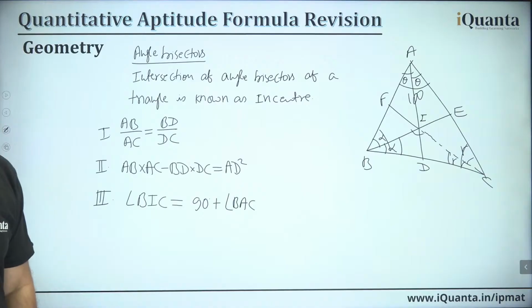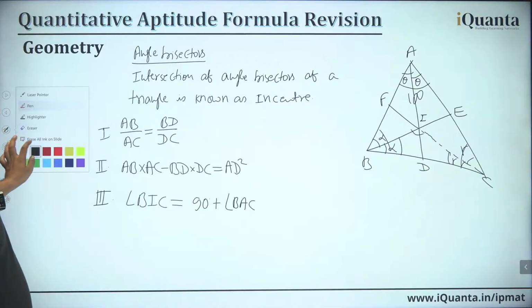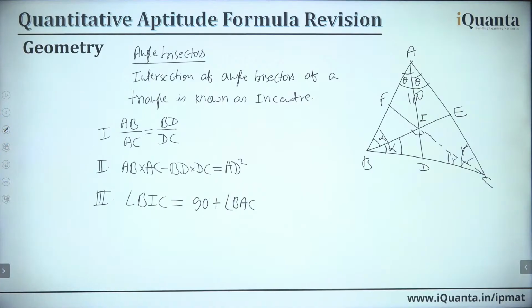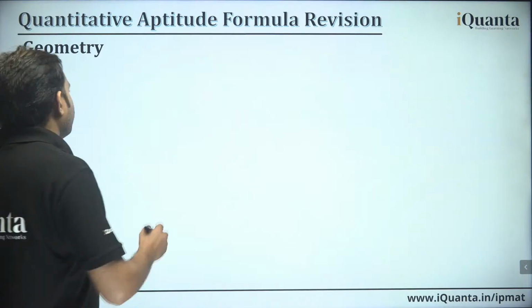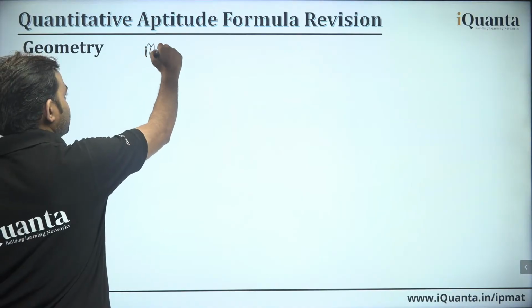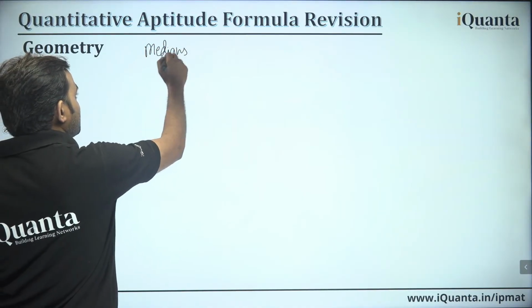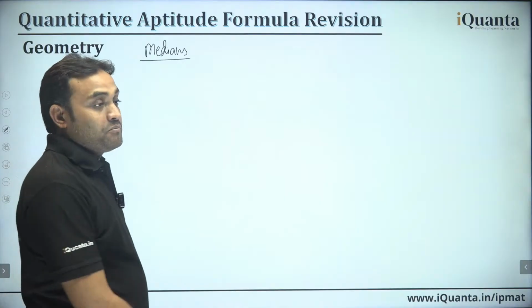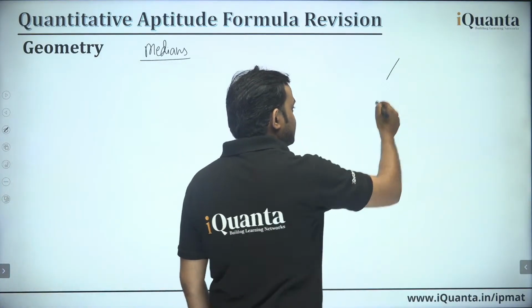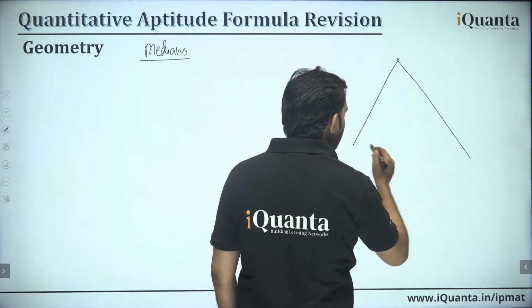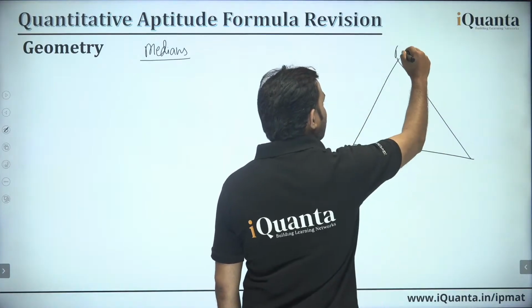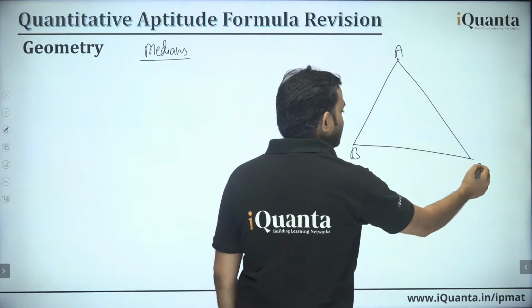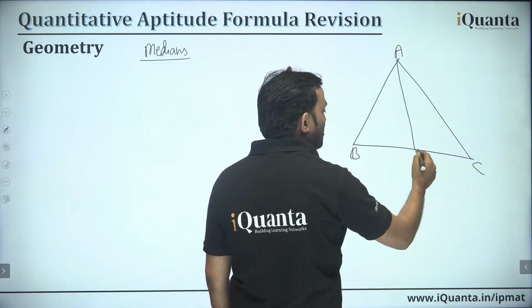This is angle bisectors and the intersection of angle bisectors. Then comes medians. Now what is a median? A median is a line segment which is drawn from one of the vertices of the triangle to the midpoint of the opposite side.